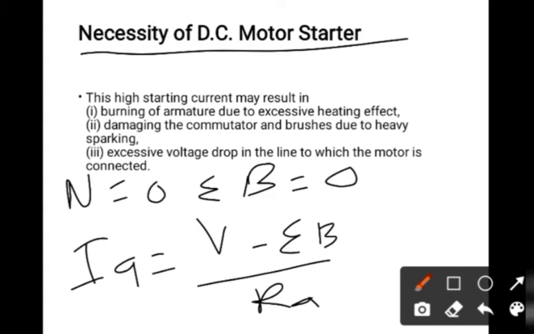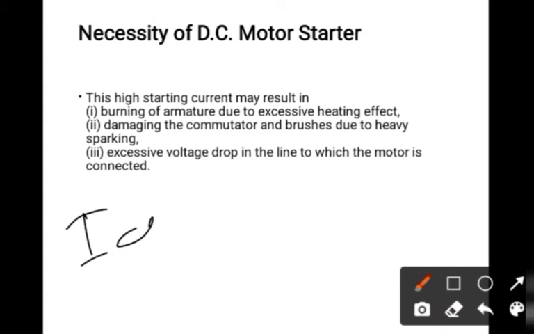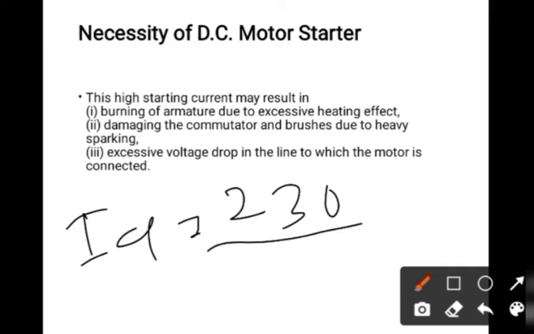When we put Eb = 0, the formula becomes Ia = 230, the supply voltage, divided by the armature resistance, and the magnitude of armature resistance is very, very small. Consider 0.5. So we get the armature current, and its magnitude is very, very high.